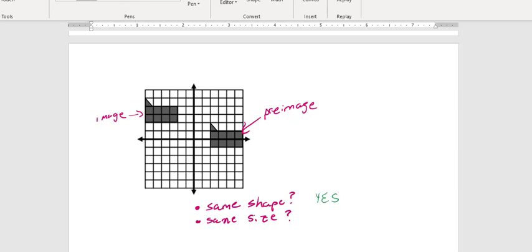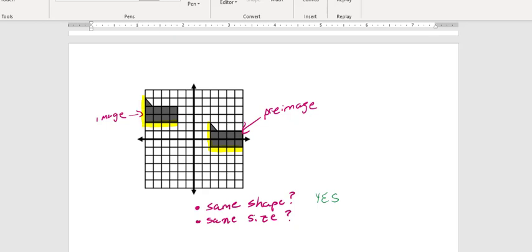Once again, to verify that, we can look at a couple of the different sides. If I look at this side right here, that's 4. This side, that's 4. This one is 3. And this one is 3.